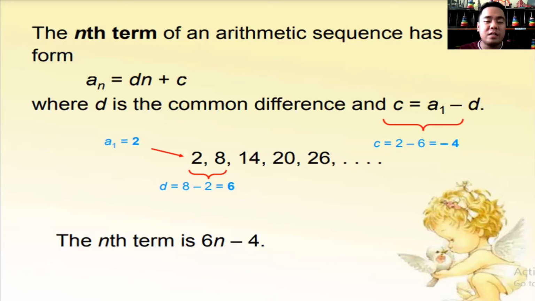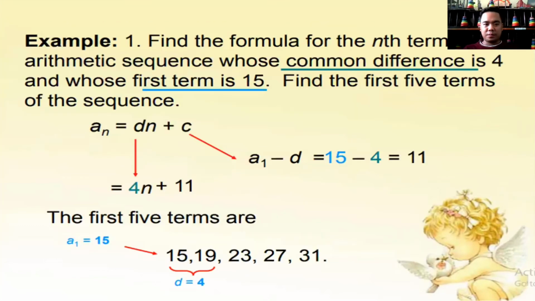So what is your a sub 1 there? Your first term is 2 minus your common difference, which is 6. You have c equal to negative 4. So the recursive formula is 6n minus 4. Okay, this formula will best describe the number pattern.